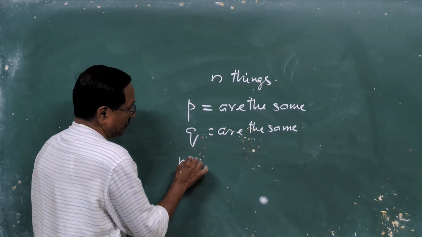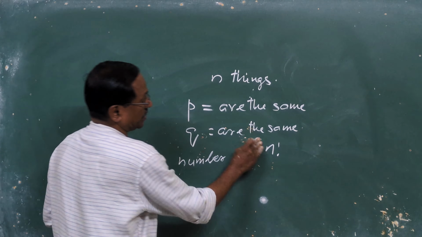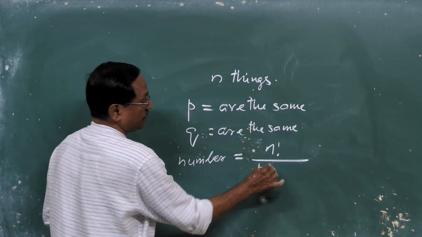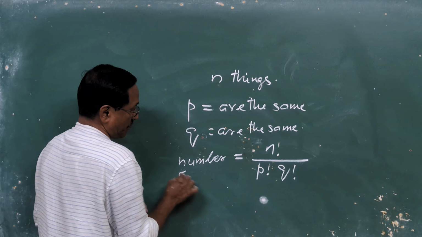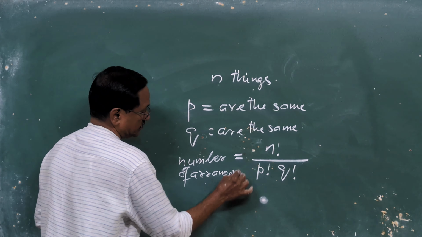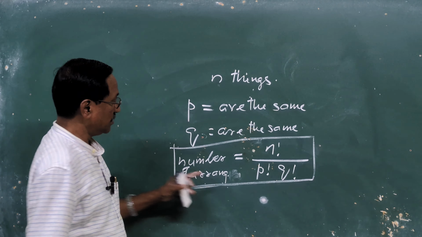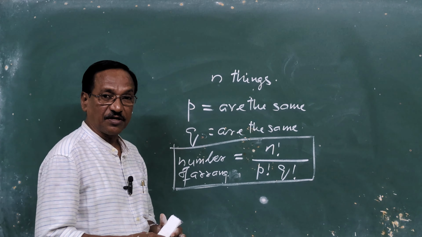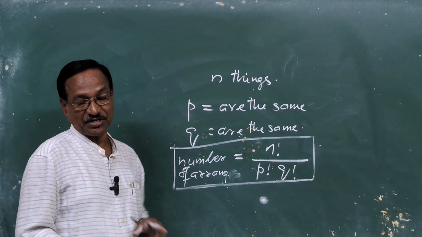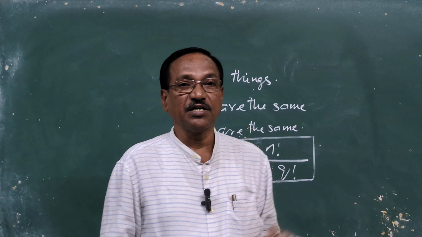Then the number of arrangements equal to n factorial, total number factorial, divided by p factorial into q factorial. That means total number factorial divided by factorial of each repetition. That is the method to do the arrangements when something are repeated.